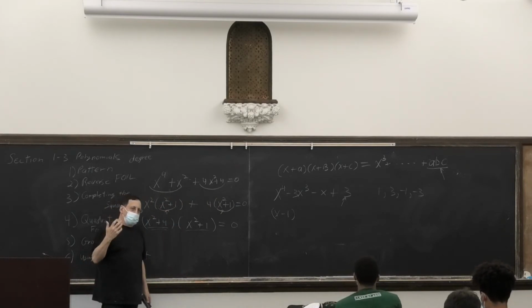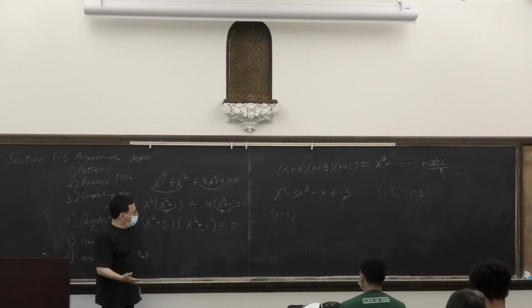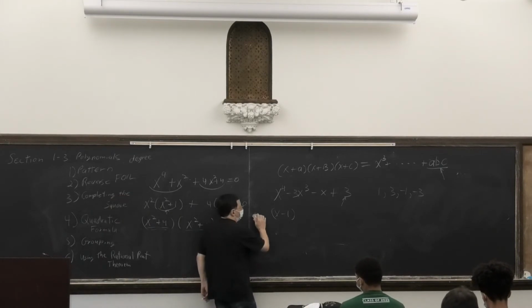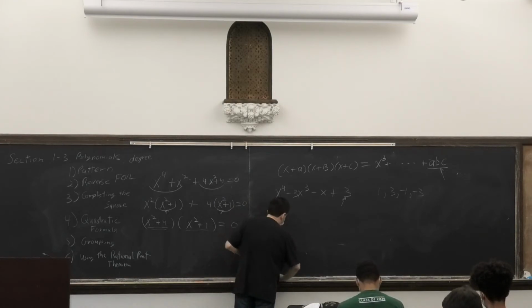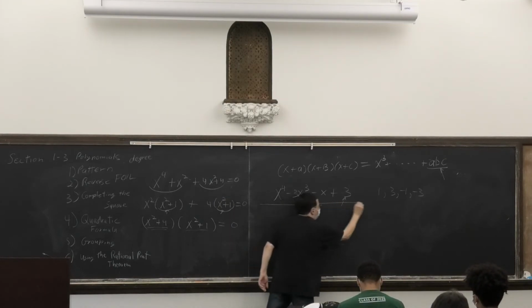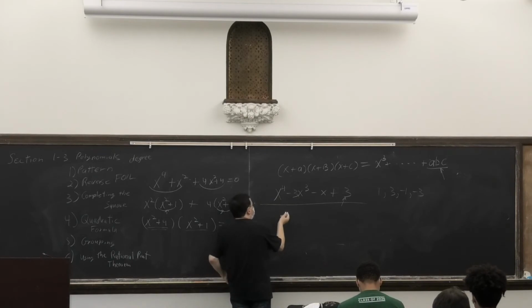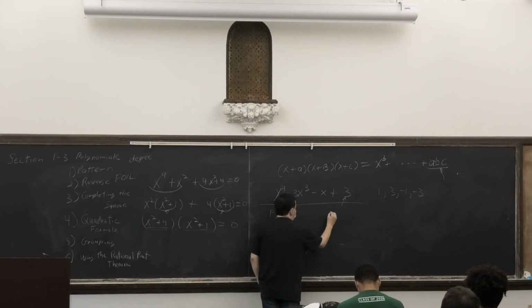Now, turns out the rational root theorem is a little more complicated. I'm just going to describe it to you. If I have a polynomial, I'm going to call it p x to the n plus q.